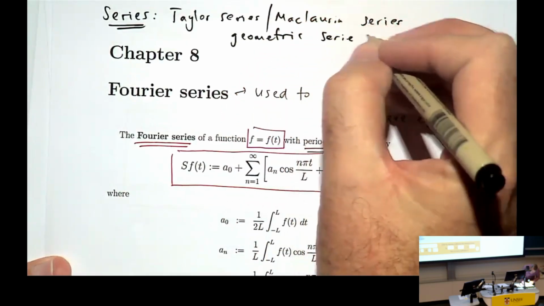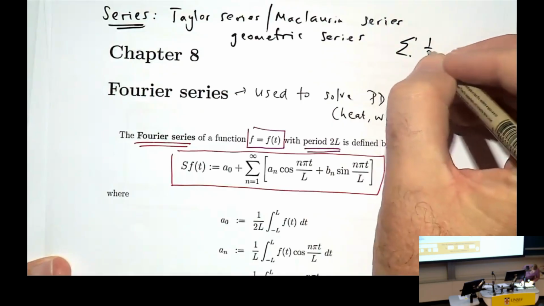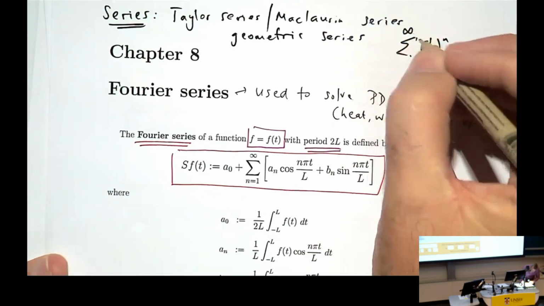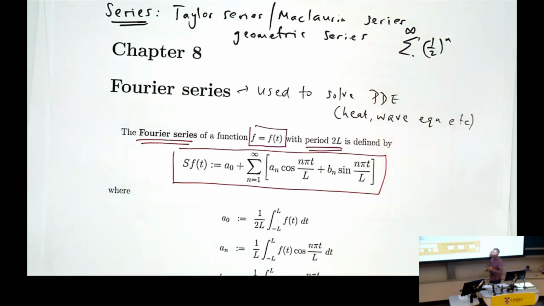For example, that. Does that ring any bells? So geometric series, Taylor series involves derivatives, and it gives you an approximation to a function near a point. Let me say that again, right?